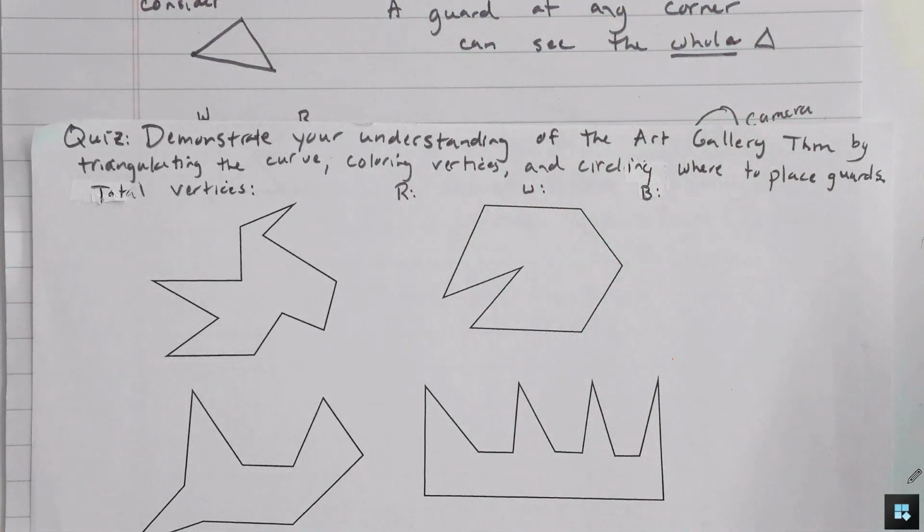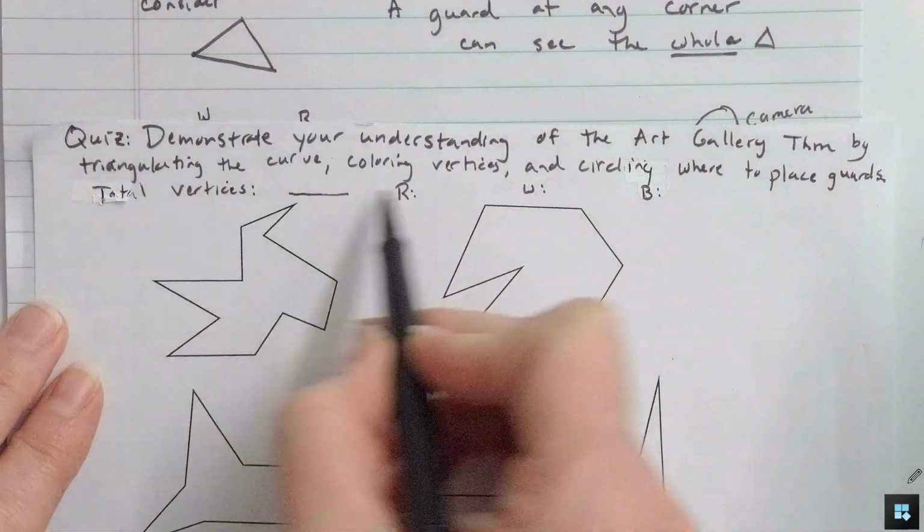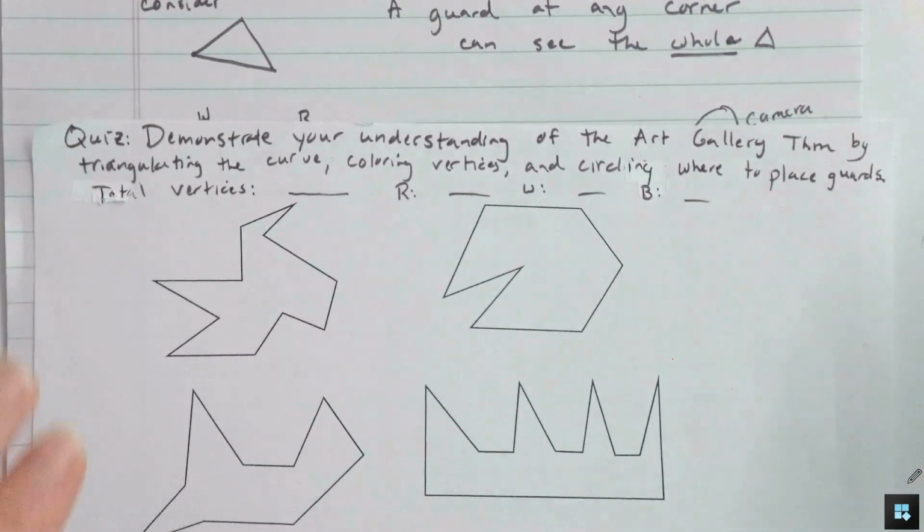So I'd make a line where you can list the total vertices and how many would be red, white, and blue. Now that's going to differ from student to student because there is more than one way to do this. So that's why I would check these by hand.